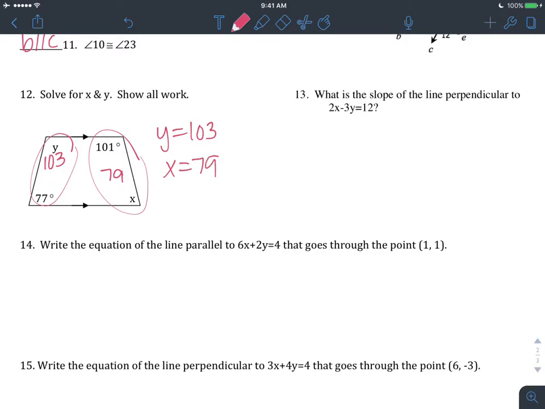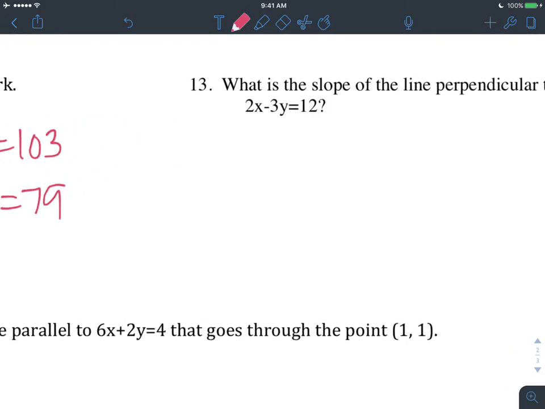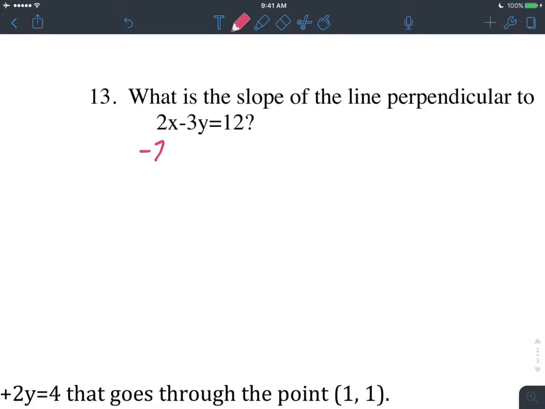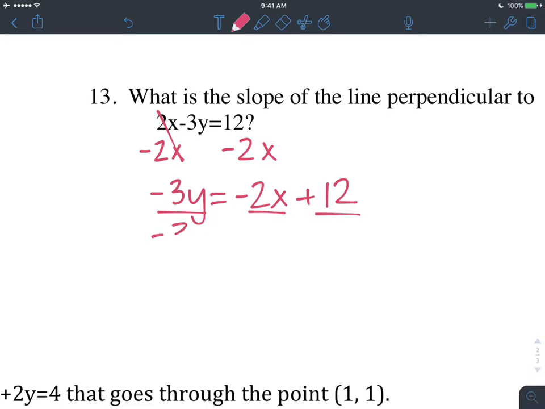All right, number 13. What is the slope of the line perpendicular to this line? So we're going to first have to solve for Y. So we're going to subtract 2x from both sides. Negative 3y equals negative 2x plus 12. Then we're going to divide by negative 3.